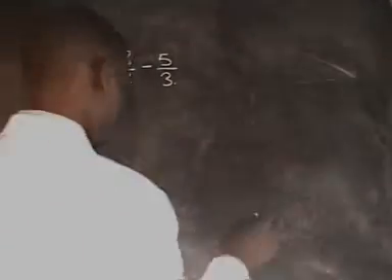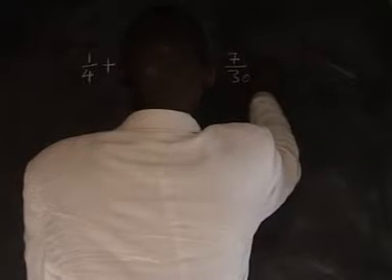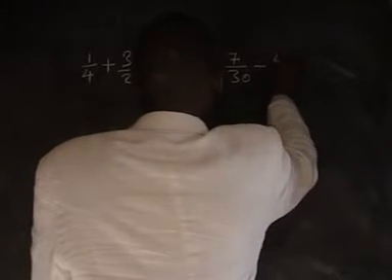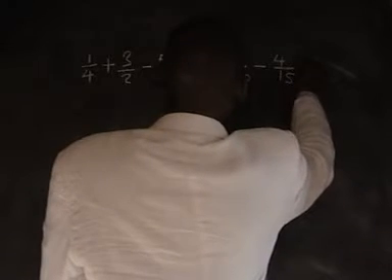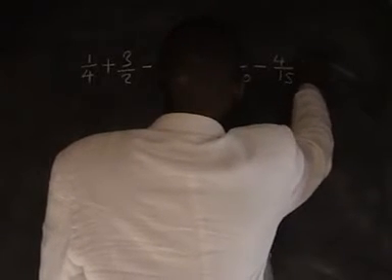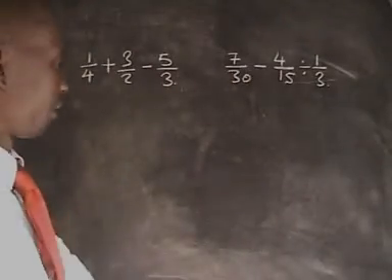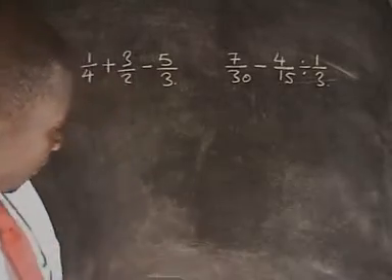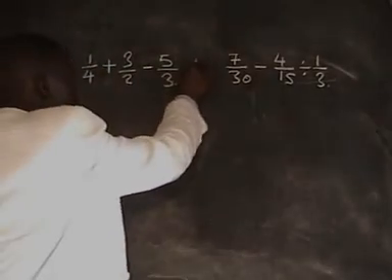Let's have this one, which is 7 over 30 minus 4 over 15 divided by 1 over 3. So if you look at these 2 examples, they are not all that difficult. I call this A and I call this B.